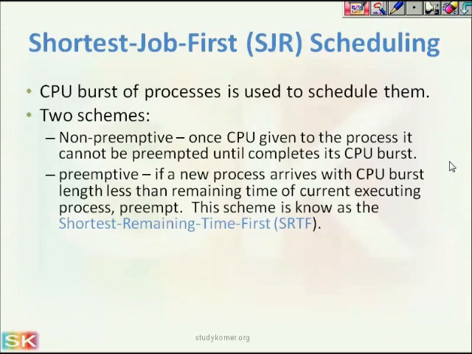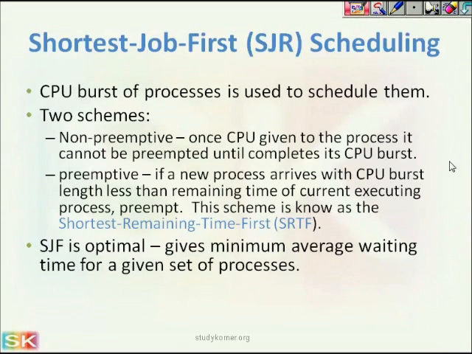So when a new process with a small CPU burst cycle is submitted to the ready queue, this process will preempt the one which is executing in the CPU, and this scheme is called preemptive shortest job first or shortest remaining time first, right?